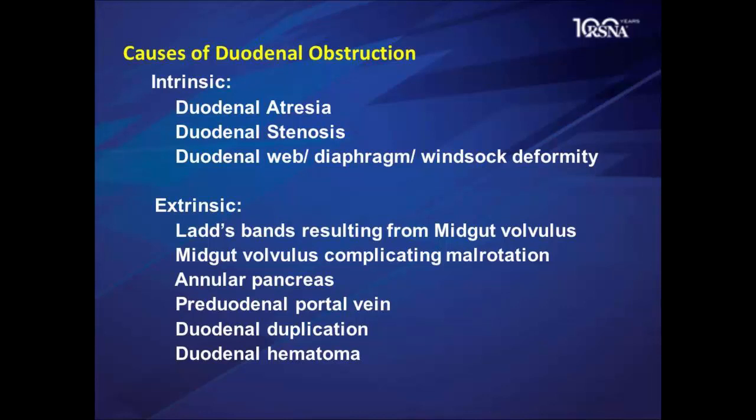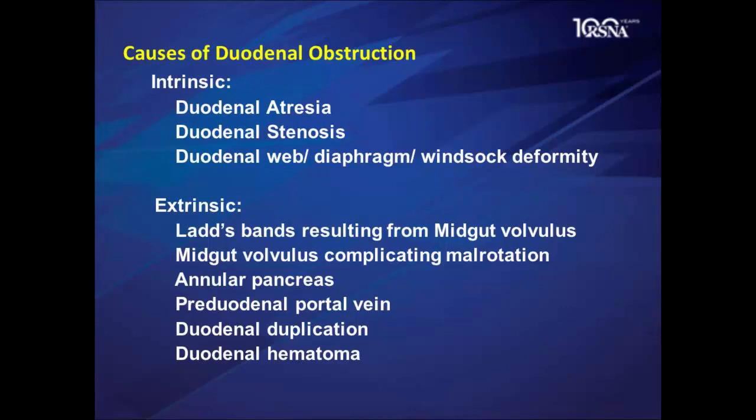Classical authors speak of windsock deformity to refer to the dilated proximal duodenum, which with the pressure of the alimentary content and the liquid pushes further down the duodenum and may make someone think that the obstruction is further down the duodenum, where it is just probably at the D2 level.